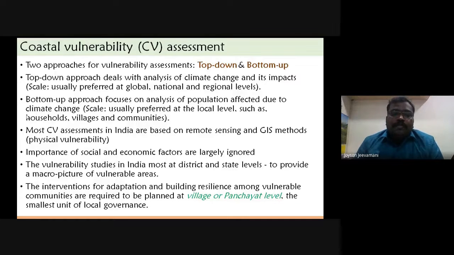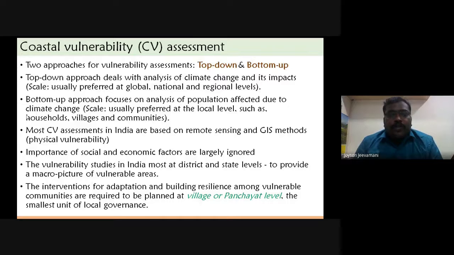Normally it will be at a higher level, that is, global, national, and regional levels. Whereas the bottom-up approach starts with a particular population and how that population is affected by climate change. Naturally, the bottom-up approach starts from the local level, such as household, village, and communities. So these are the two important approaches.